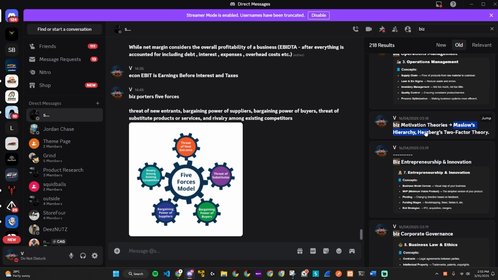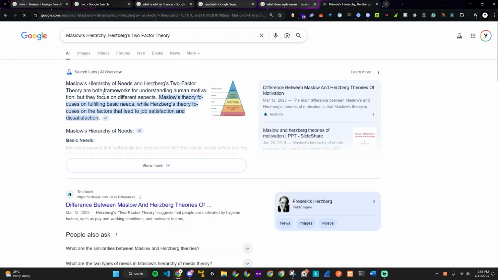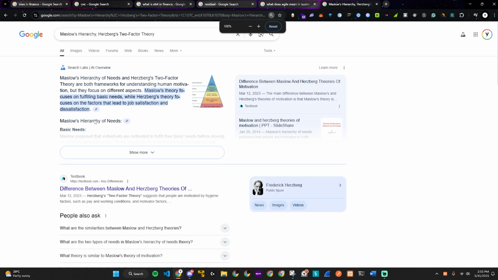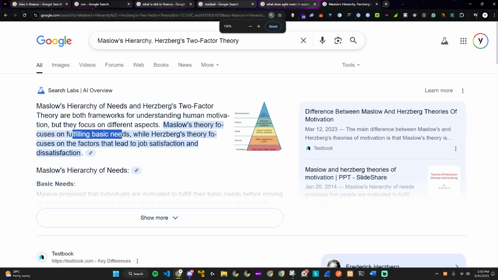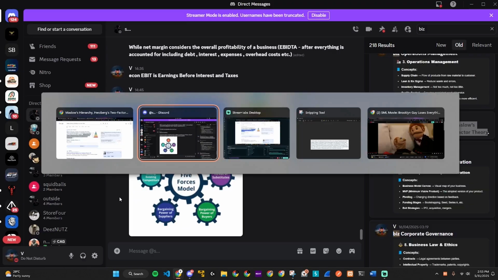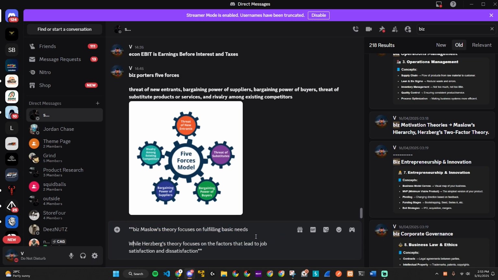So let's see what these stand for. Maslow's theory focuses on fulfilling basic needs, while Herzberg's theory focuses on the factors that lead to job satisfaction and dissatisfaction, right?